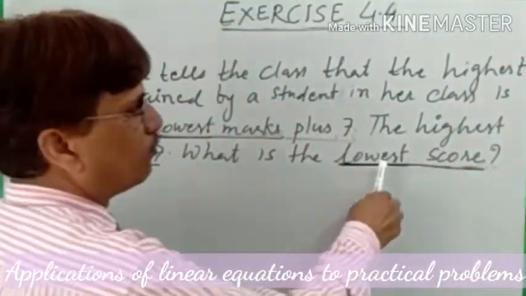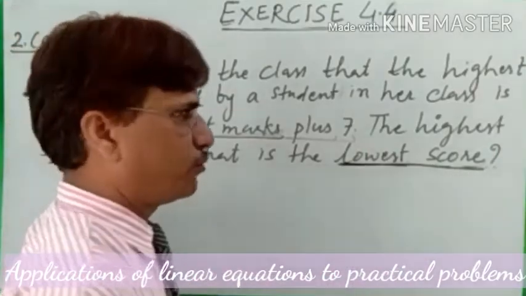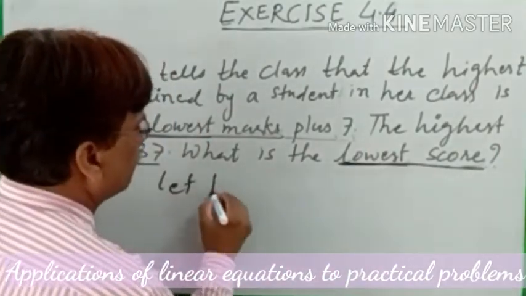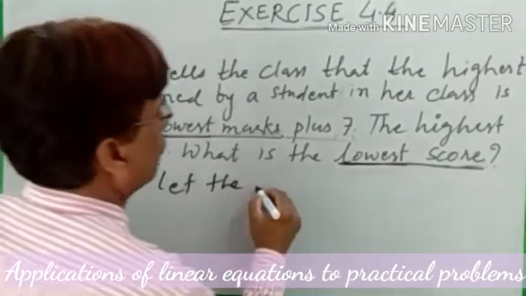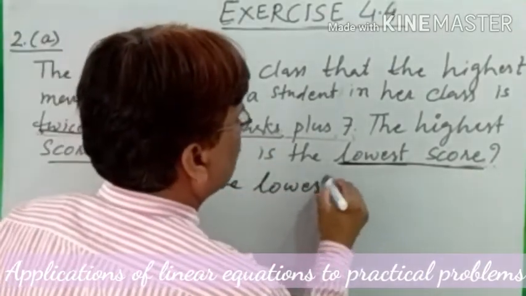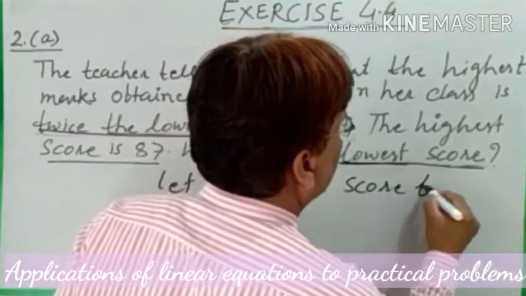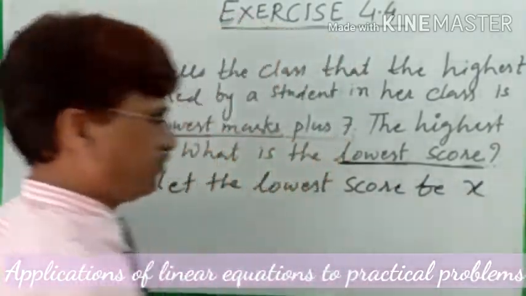So, unknown quantity is lowest score. Let the lowest marks or score be x. Okay.